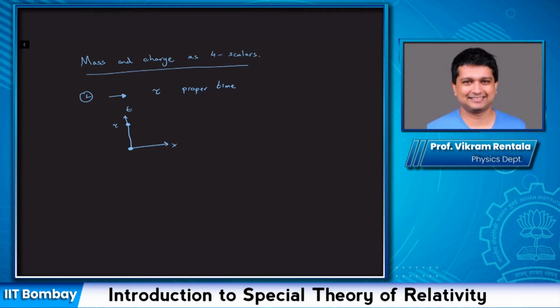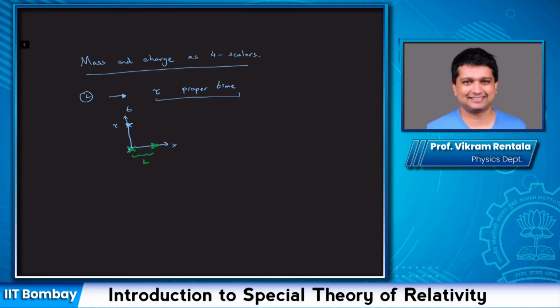So if we draw, for example, the space-time diagram of this clock sitting at x is equal to 0, and in its own rest frame, some time tau ticks on this clock. In a different reference frame, both these space-time points would have different coordinates, but the space-time interval between these 2 points would still be the same, and every observer would get the same value of that space-time interval, and therefore they would infer the same value of proper time.